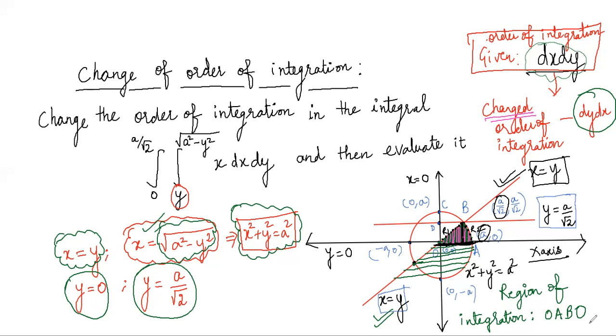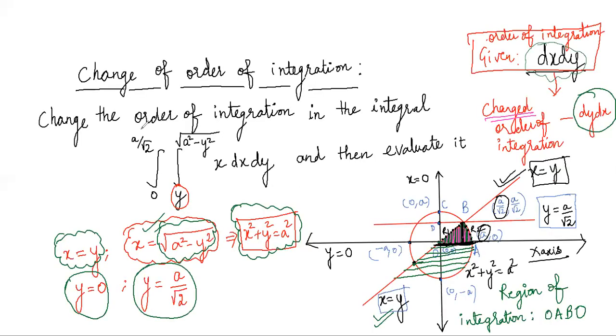So to conclude, the region R is split into two regions, R1 and R2. Why have we split it into two regions? Because the ending curve is not the same for all the strips. So if we change the order of integration, we will have two double integrals corresponding to the given double integral.